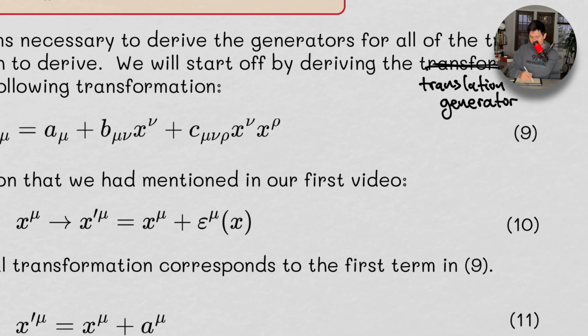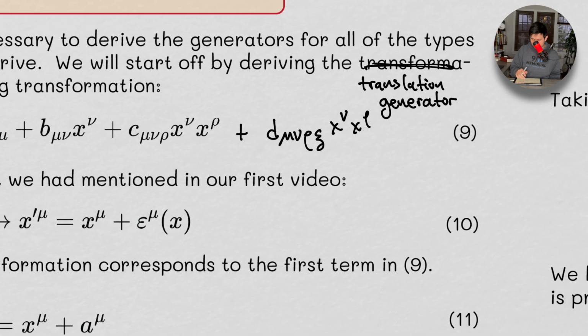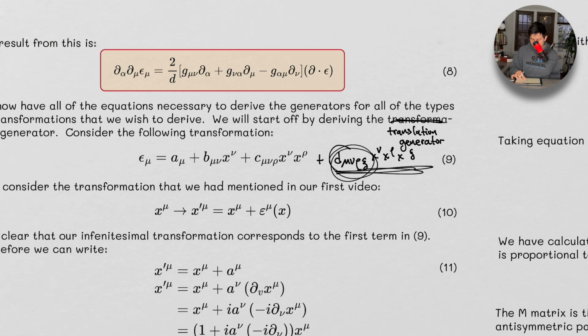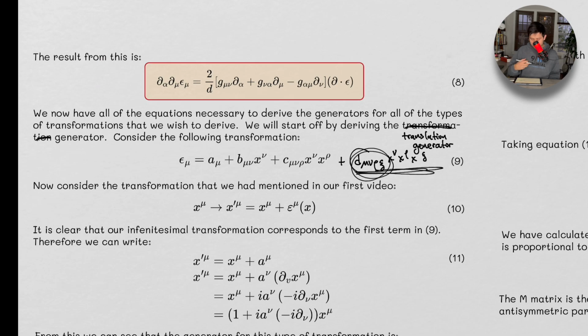And you can think, well, what about plus d mu nu rho eta, and then we have x mu x rho x eta? What's that going to do? We could do that, but for right now, let's not.